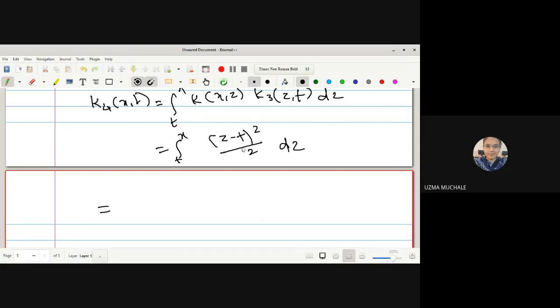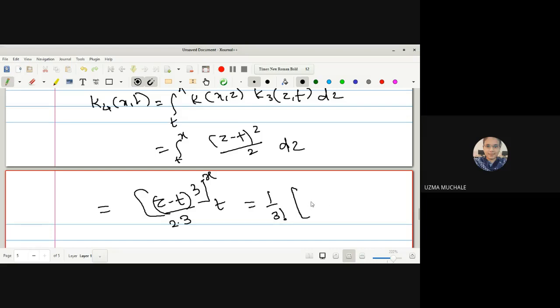It is z minus t raised to 3 upon 3. This 2 as it is, 2 into 3. Within the limit we have to write t to x. Okay. So this will be 1 upon 2 into 3, that I can write as 3 factorial.